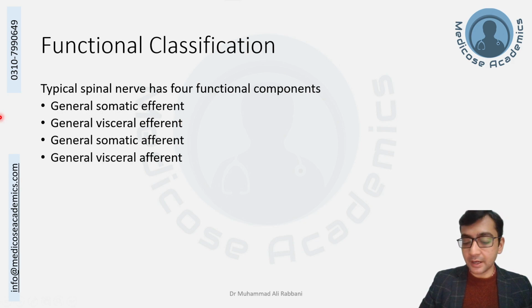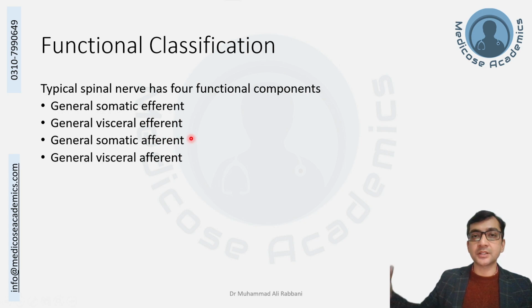General somatic afferent. These will be the sensory nerves of the somatic system. This will include the fibers getting their sensations from the exteroceptors and proprioceptors that we got very detailed information on.